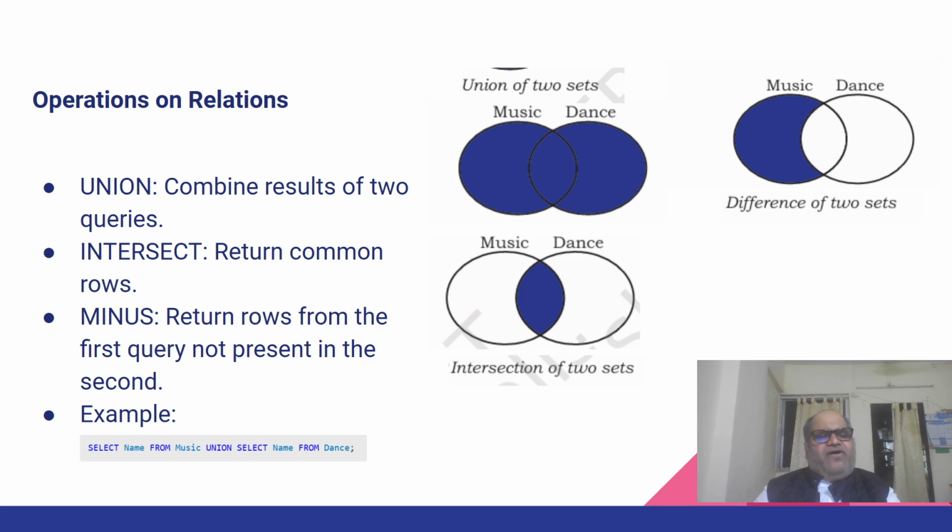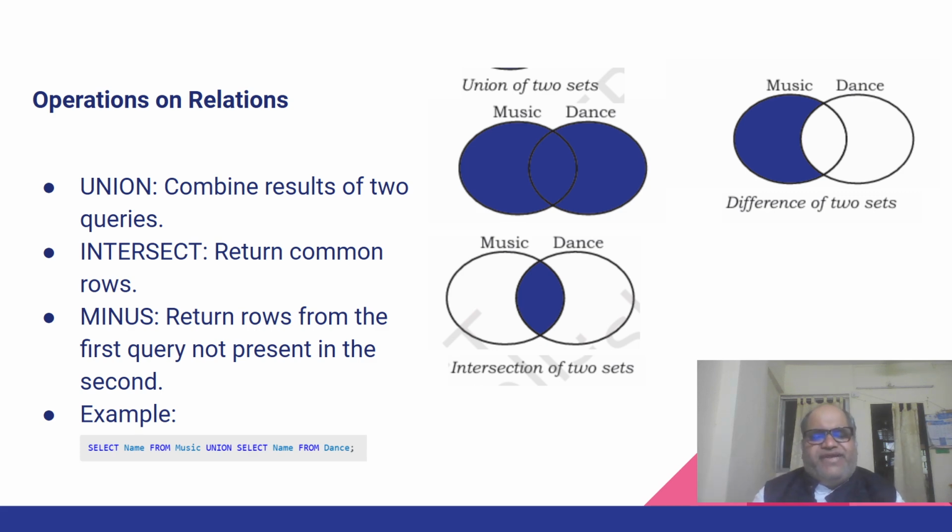Now, on the table, there are several kinds of operations allowed, right? Relational operations like union, intersect, and minus allow combining or comparing query results effectively. So union helps combine results of two queries. Intersect returns common rows, right?